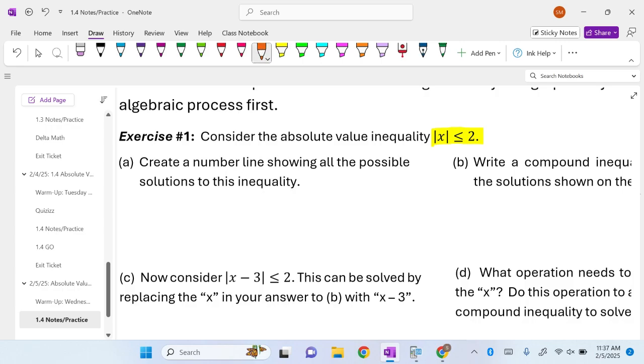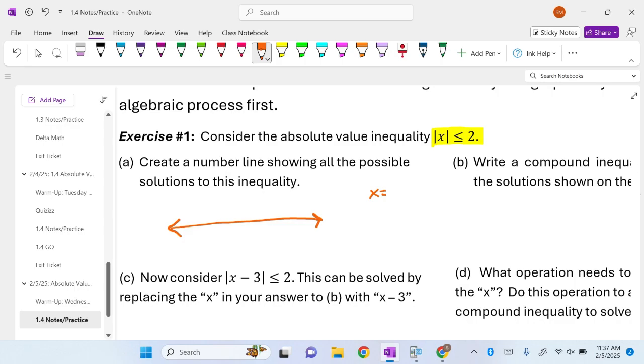So if the absolute value is less than or equal to 2, what values of x, not absolute values of x, but can someone name me just examples of x that would give us a number if we put in the absolute value symbol that would be less than or equal to 2? Just some examples.